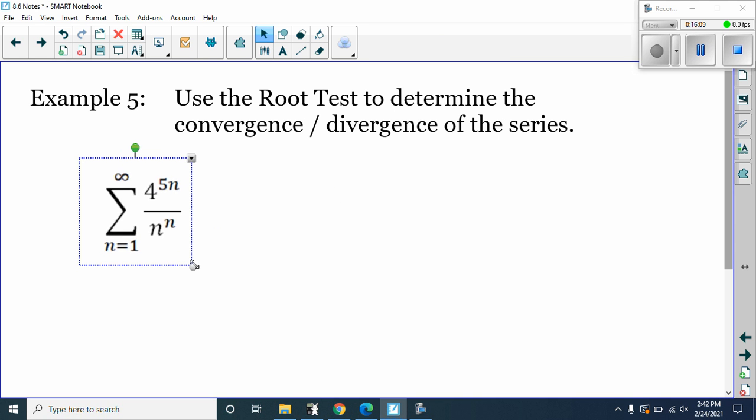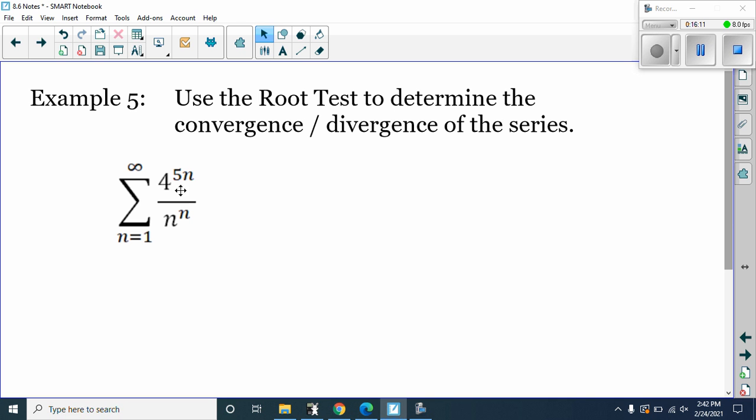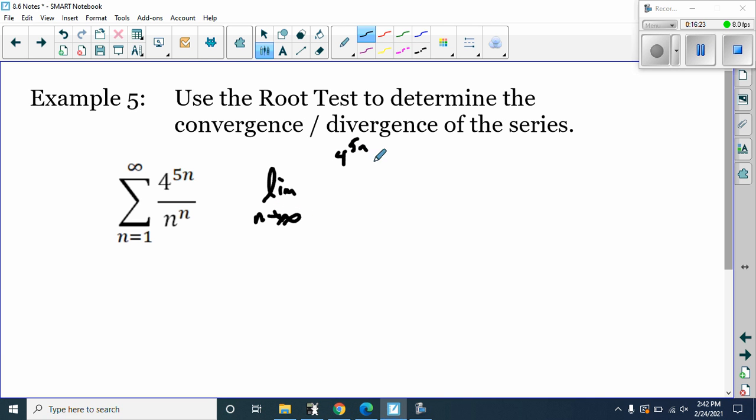The time that the root test is good is this one, which is not geometric because it has n to the n down here. Limit as n goes to infinity of 4 to the 5n over n to the n. We're taking the nth root.